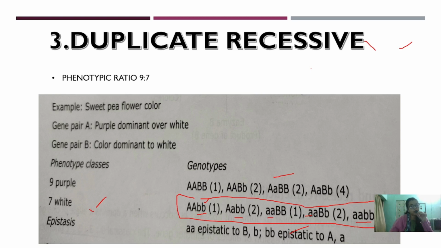And here you can see small b is present, but only in a single condition. Here also small a is present, but only singly. That's why they can't express themselves.